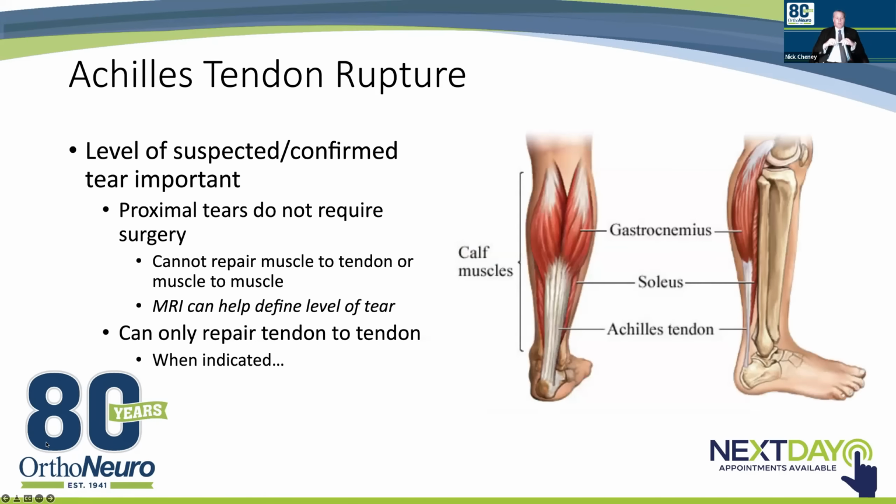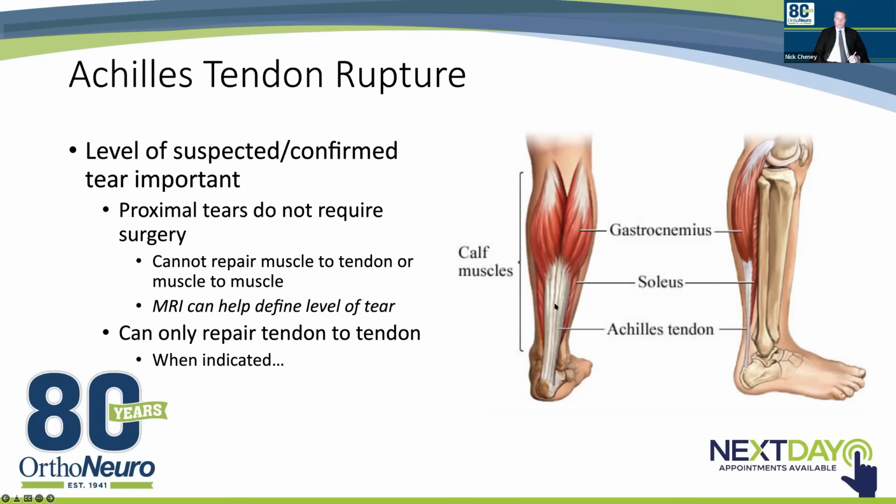All right. So here's the other thing that I find interesting: the level of rupture will change how we treat this. So proximal tears, if there's a proximal injury, typically surgery is not indicated. Basically the reason is a lot of times you'll get a rupture at the gastroc muscle tendon junction, kind of at the soleus, Achilles junction.